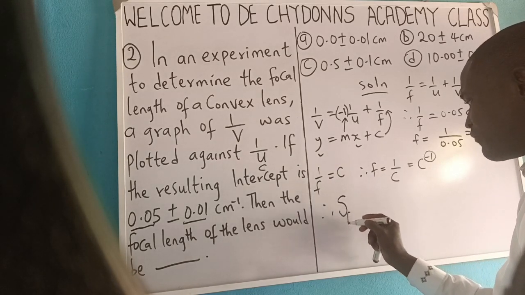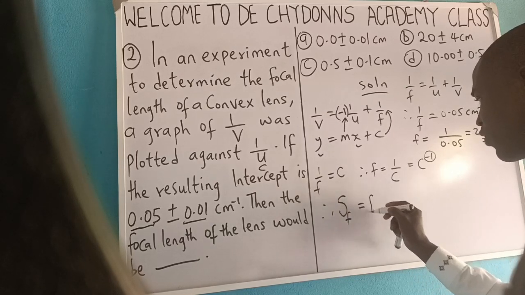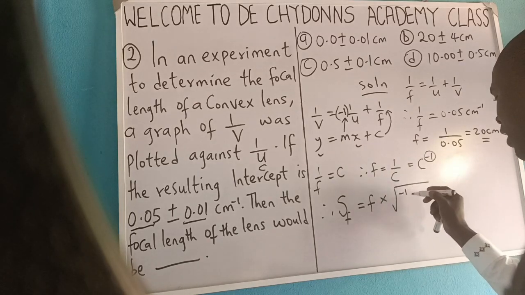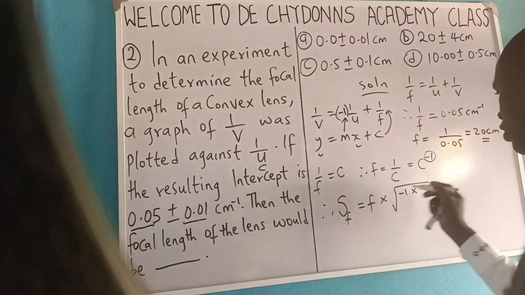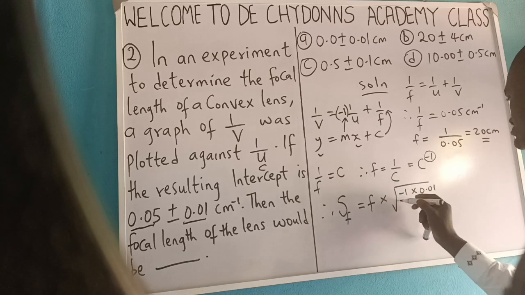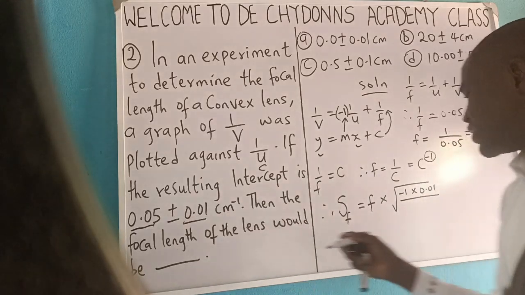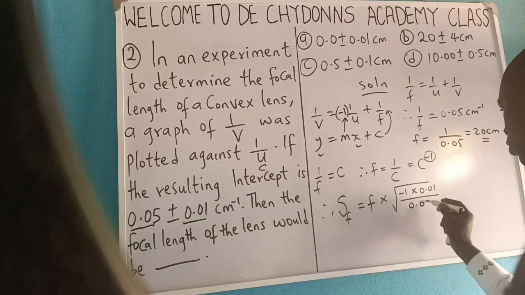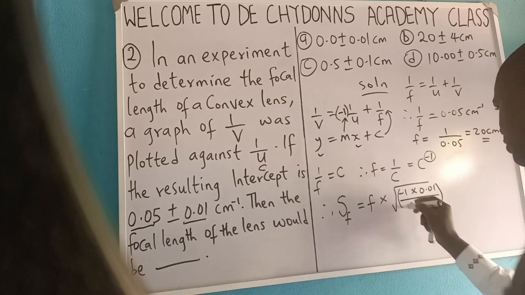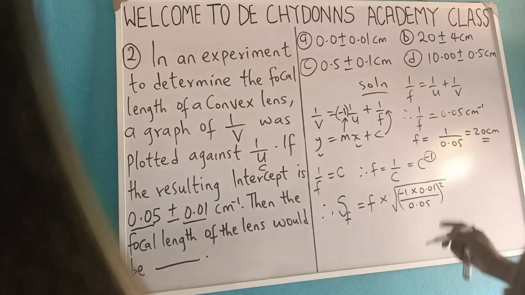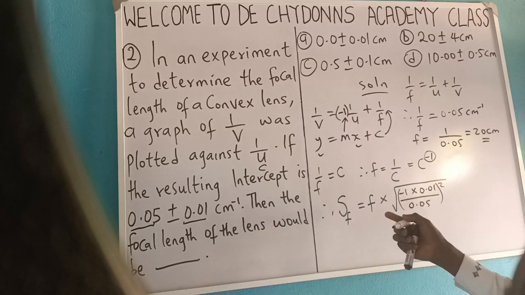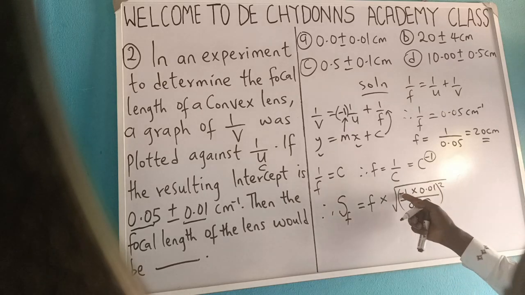Standard error in finding the focal length is equal to the focal length itself times the square root of the power, minus 1, times the error given to us, 0.01, all over the intercept given to us, 0.05, squared. Why are we using this square? The square will take care of this minus, because we don't want to have a negative answer.